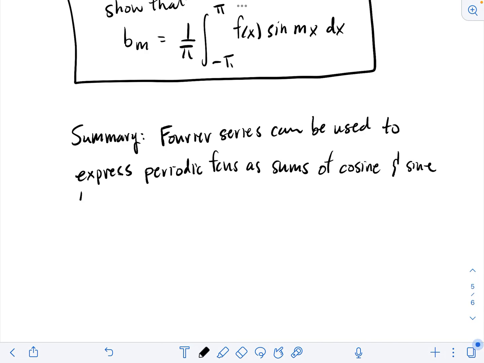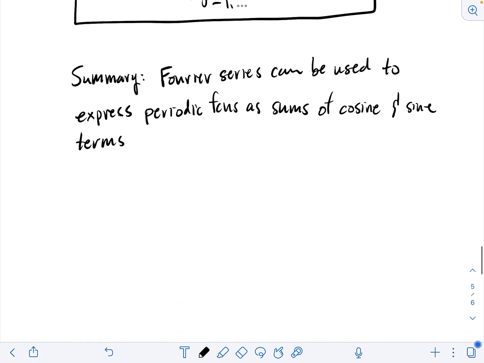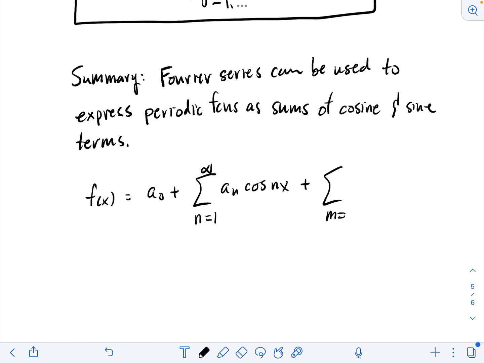And the way it looks is f of x is equal to a0 plus the sum of n equals 1 to infinity of an cosine nx plus the sum of m equals 1 to infinity bm sine mx.